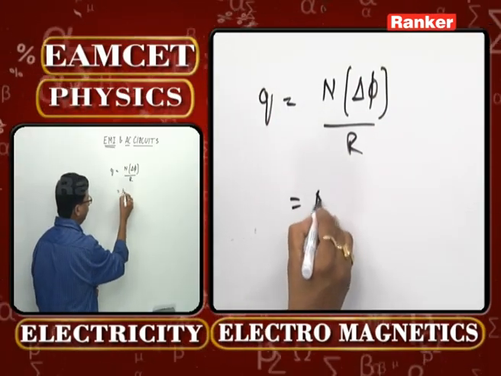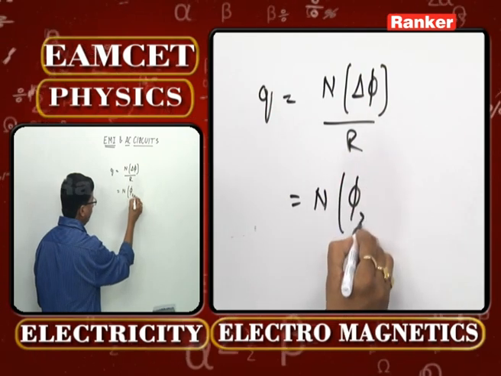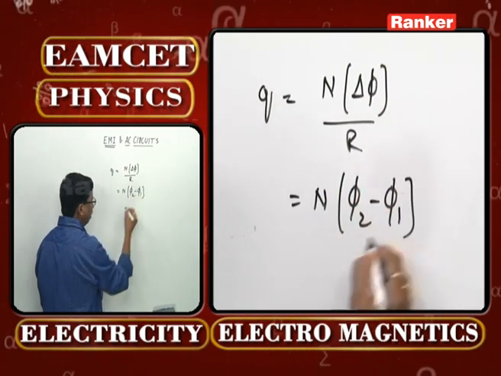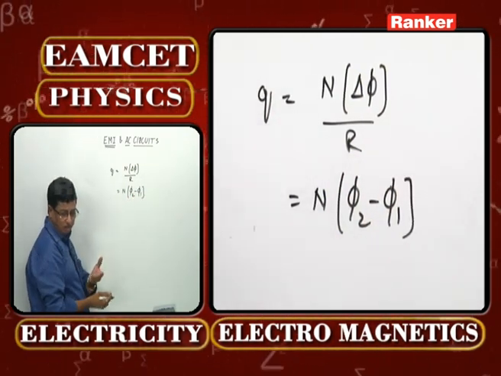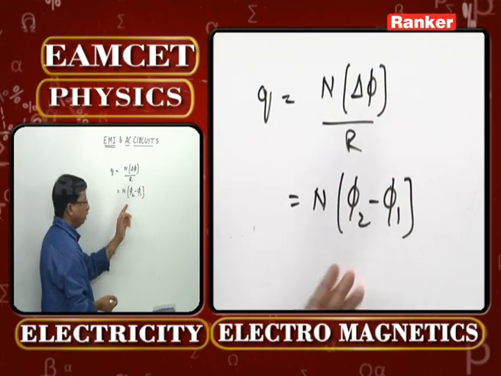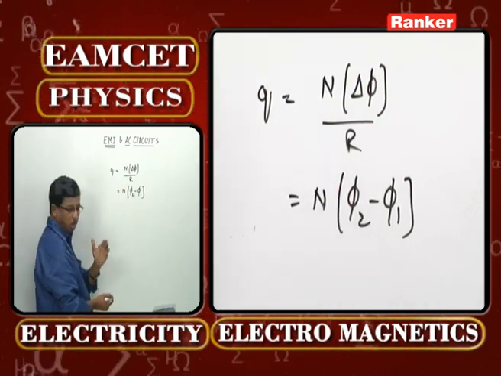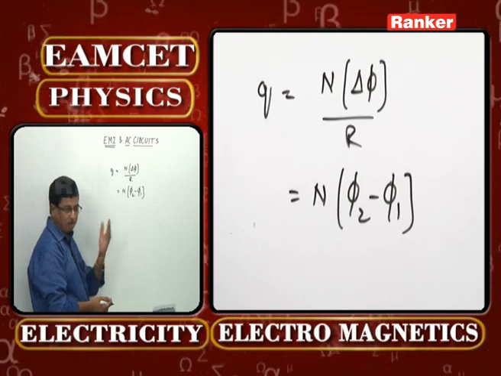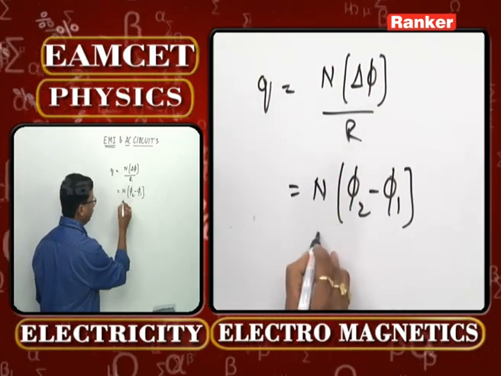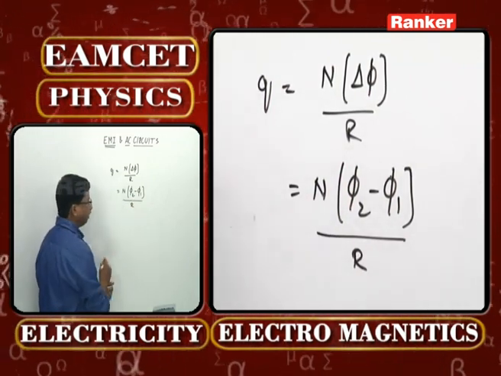Directly you can understand. What is delta phi here? Delta phi is nothing other than phi2 minus phi1, or sometimes phi1 minus phi2. In this particular case phi1 to phi2. Let us take phi2 as more, because he is giving all the options in the same order. So phi2 minus phi1 by R, the resistance.